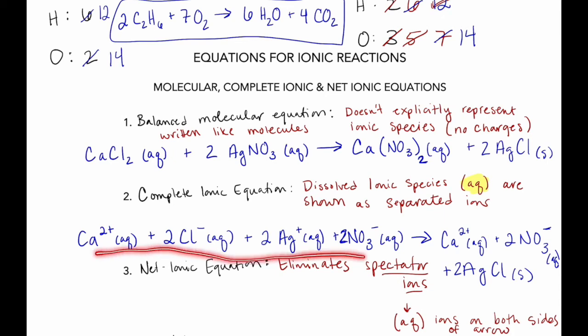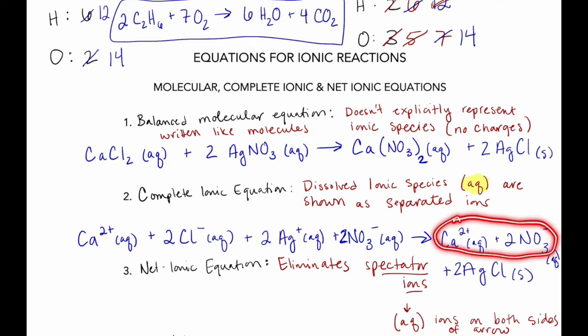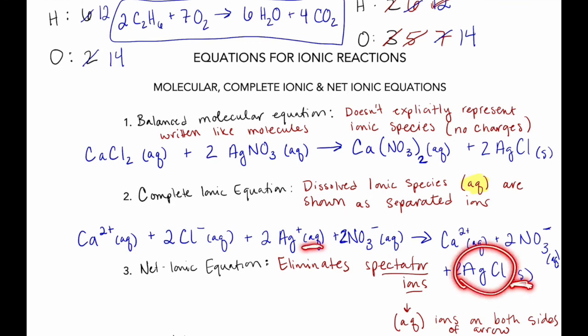So if I look at this reaction, what I see is a bunch of ions. These are going to be floating around in solution. A couple stay floating around, and a couple combine to make a real product that's a solid. So the ones that stay floating around are going to be called spectator ions. They're the ones that are aqueous on both sides of the arrow. The silver is aqueous as a reactant, but solid as a product, right?